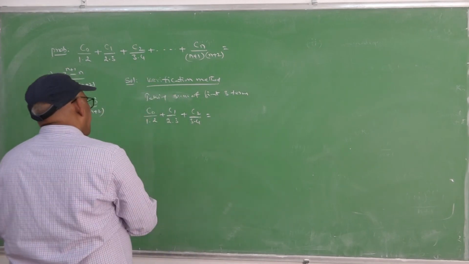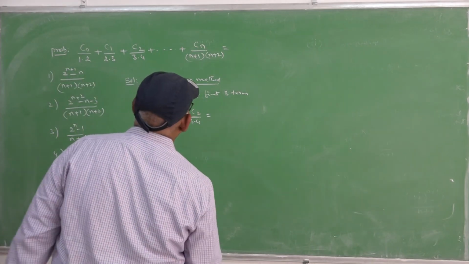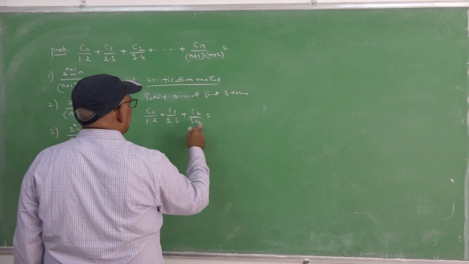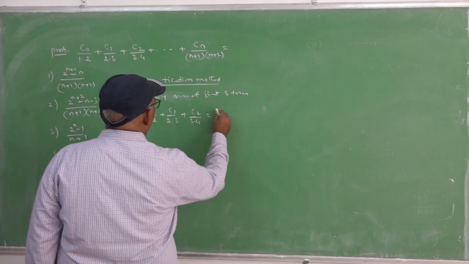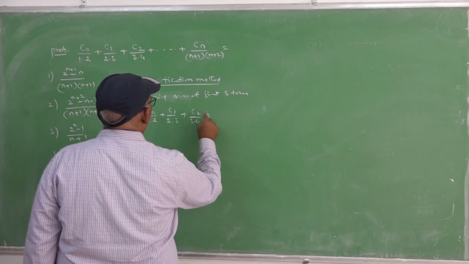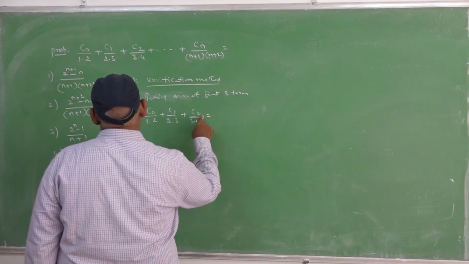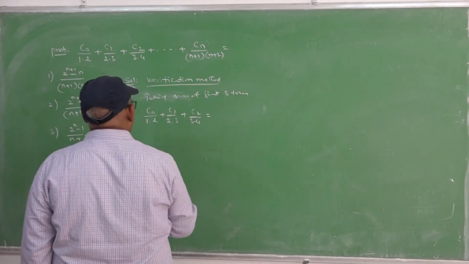Because this is the first term, second term, third term, to get that term, r must be equal to 2. So n is 3. Okay, up to n minus 1 we are taking. NC0 is 1.